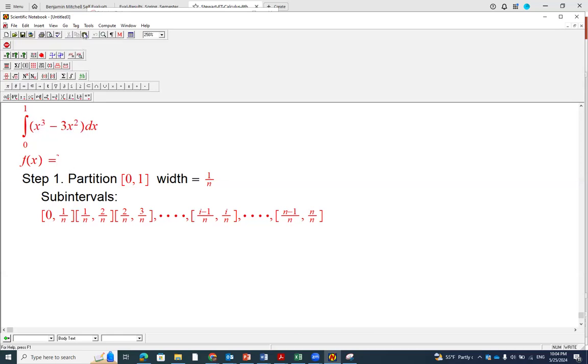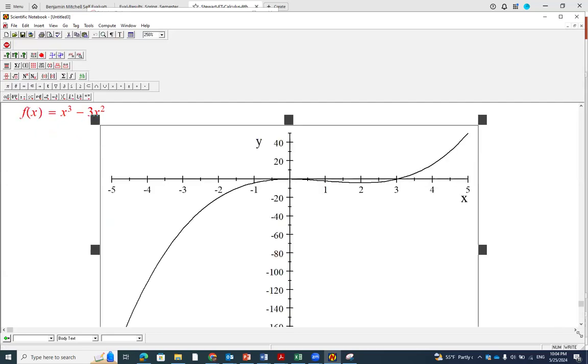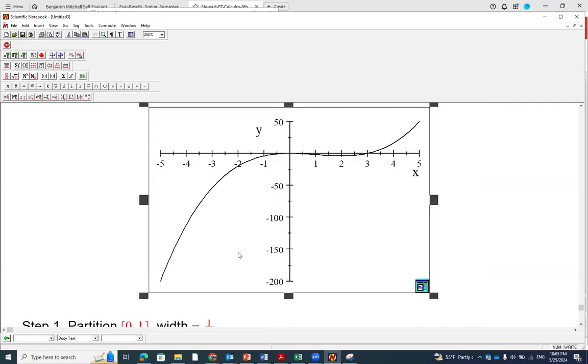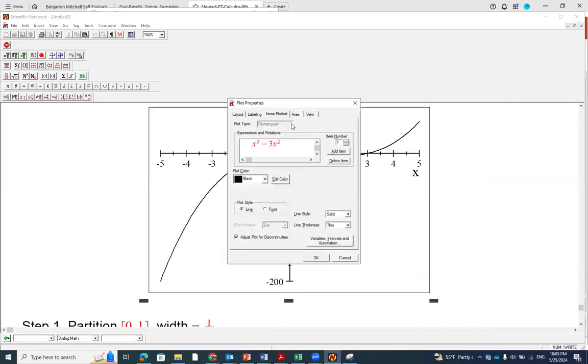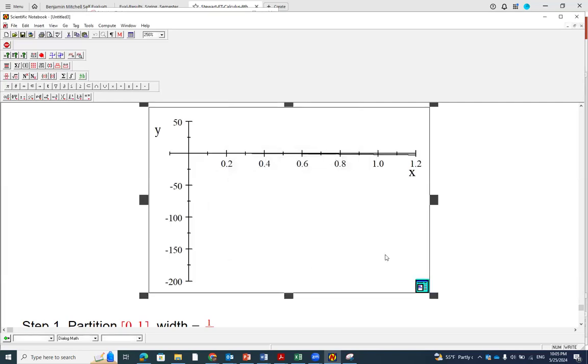We can graph it, we don't have to, but for our visual effect, let's just graph it. Okay, so the area we're looking for is between 0 to 1, so we can make some view adjustment, right? And see what we get.